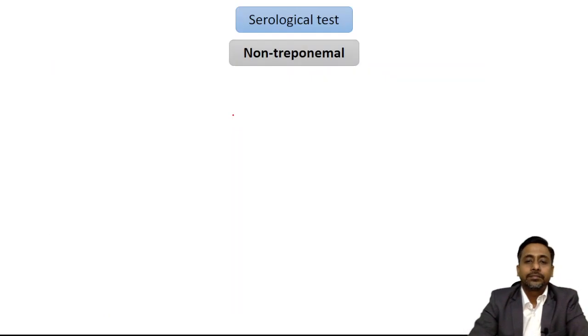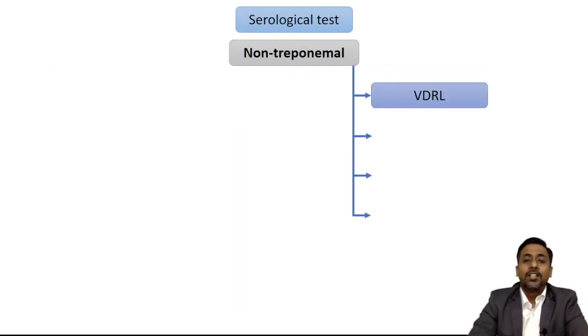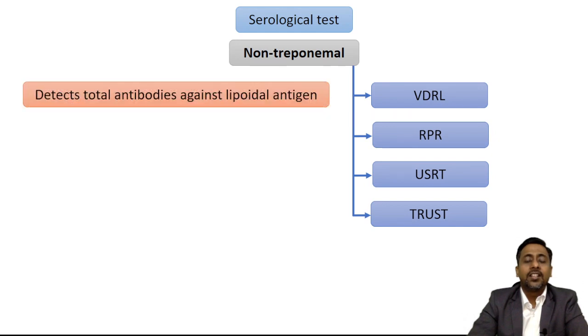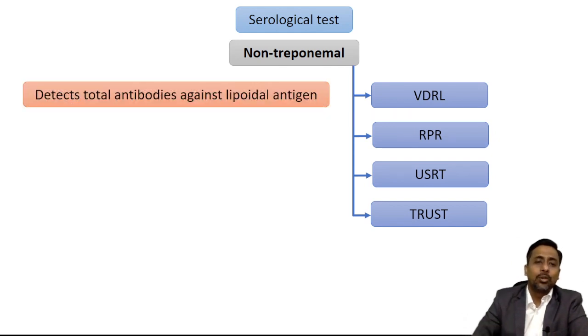Okay. Now coming to the non-treponemal tests. Non-treponemal tests include VDRL, RPR, USR and TRUST. And what will these non-treponemal tests detect? They will detect total antibodies against a lipoidal antigen. What are total antibodies?